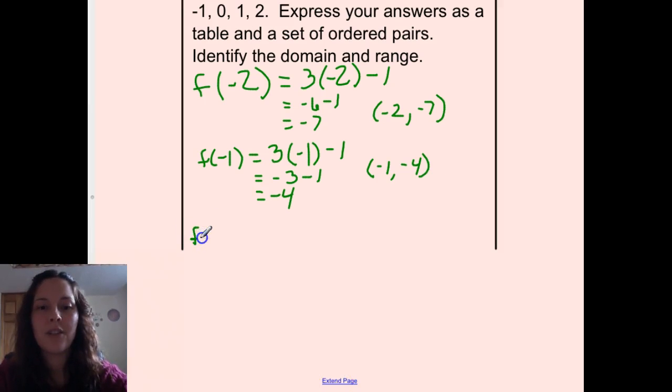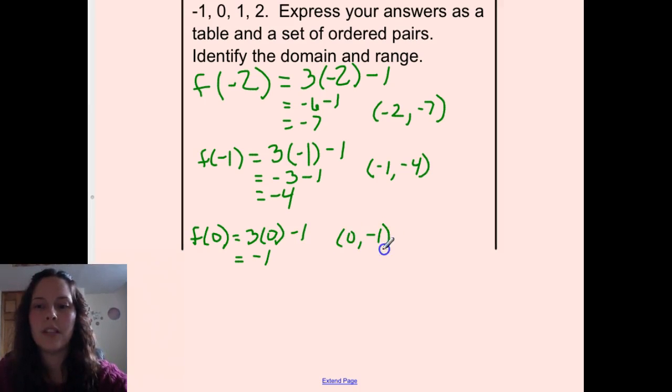Our next x value is 0, substituting that 0 into the function notation, as well as into the equation, replacing our x value. 3 times 0 is 0, and 0 minus 1 is -1. So we get the ordered pair 0, -1.